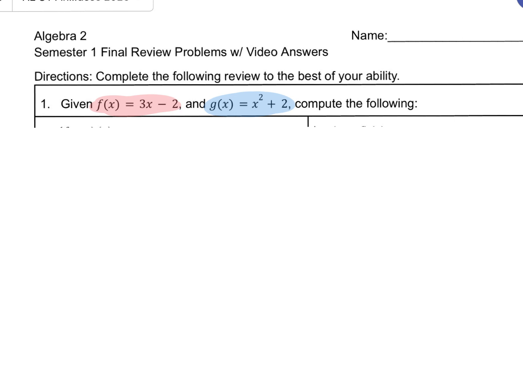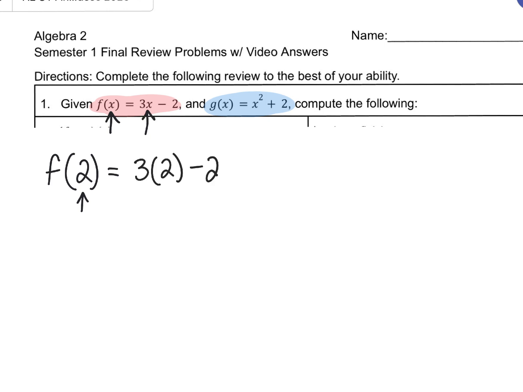If I gave you a question and I asked you, find f of, let's say, 2, what would you do there? Hopefully what's coming to your mind is I would plug this 2 in everywhere where there's an x in f. Because again, this says f of x. So if I look at 3x minus 2, I'm just going to plug that 2 in just in that one place.